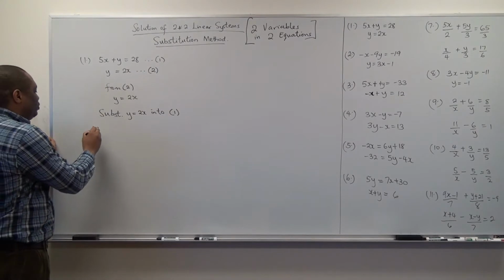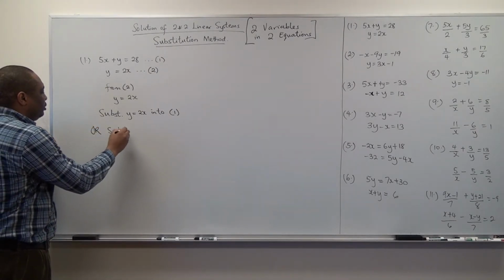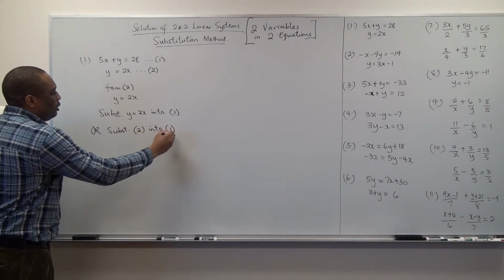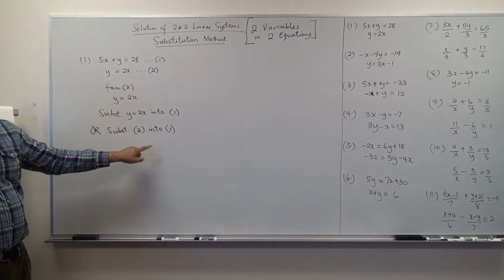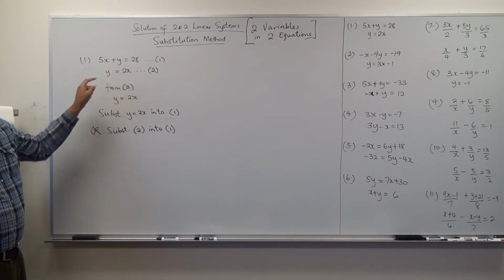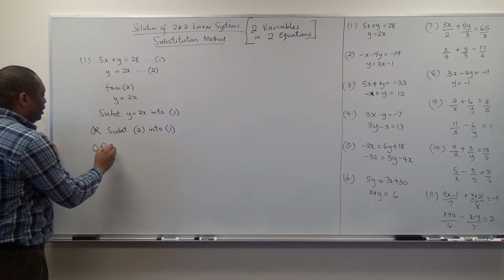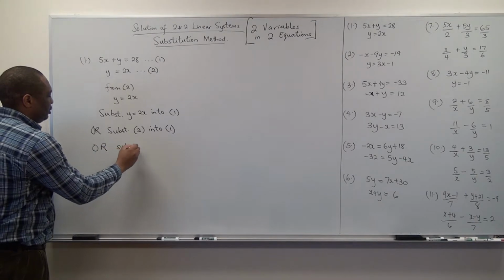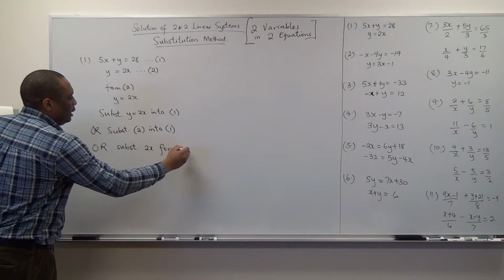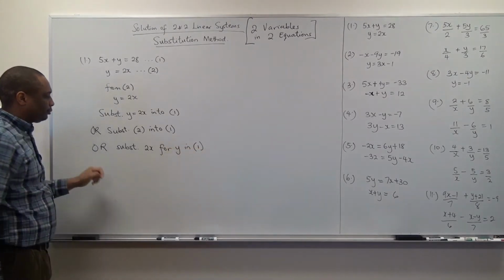Or you can write it this way. Substitute equation 2 into equation 1. You can write it this way because you want to substitute this into equation 1. Or you can also say substitute 2x for y in equation 1.